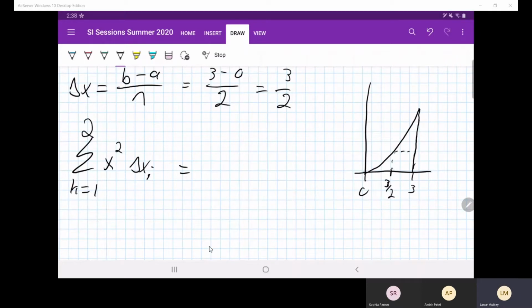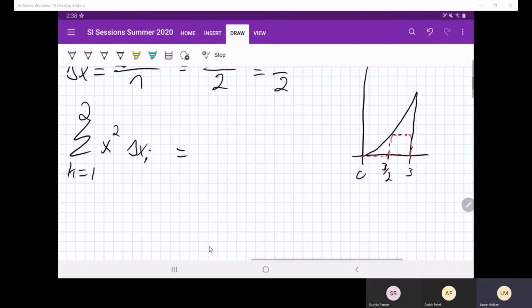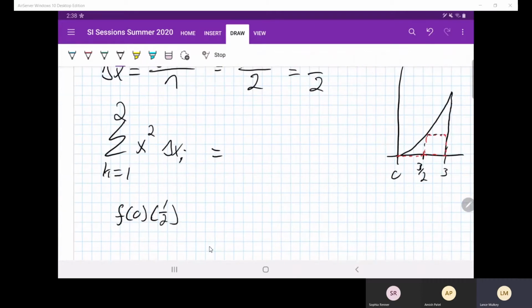So you have 1 rectangle and 2 rectangles in the lower endpoint sum. The low end is 0 over here, so f of 0 times 3/2. That's where I messed up.